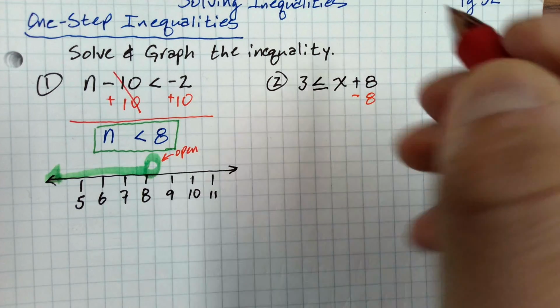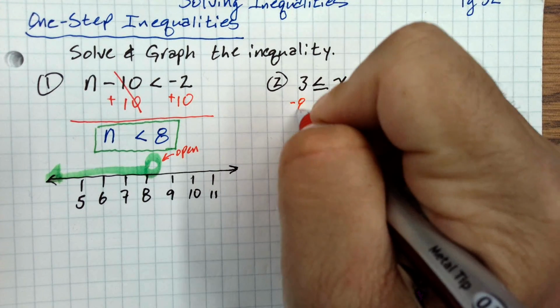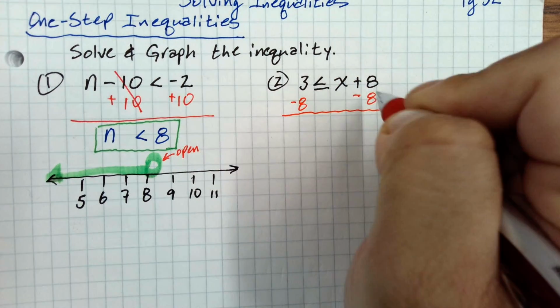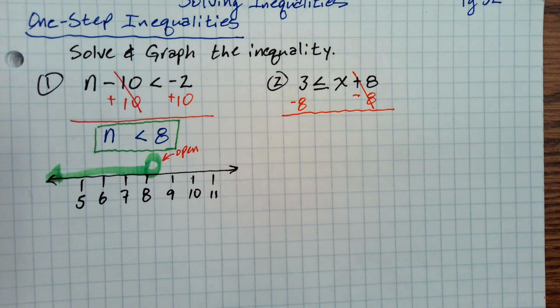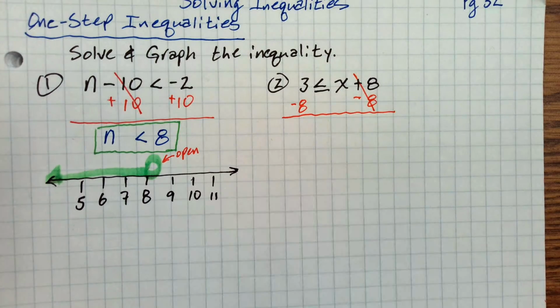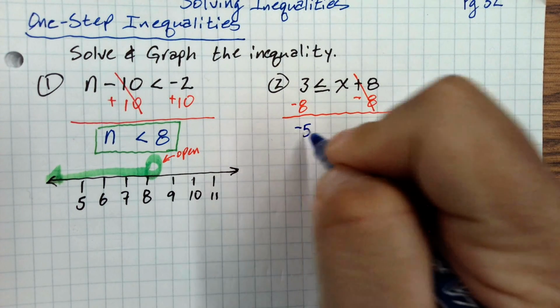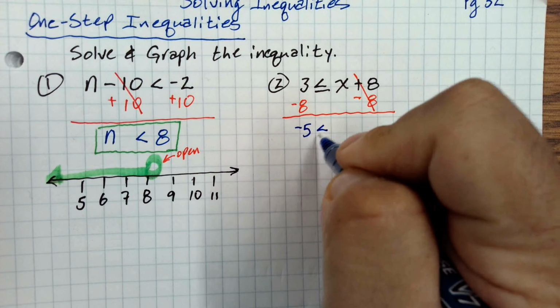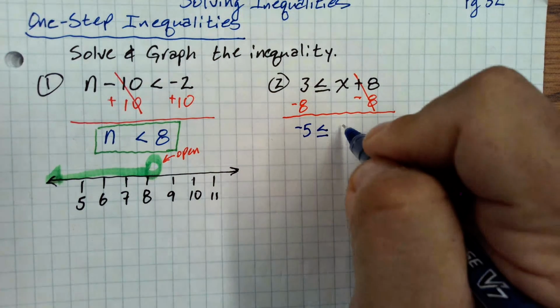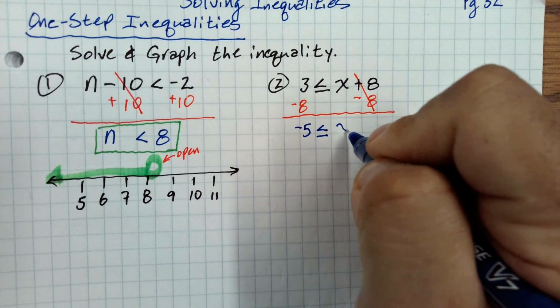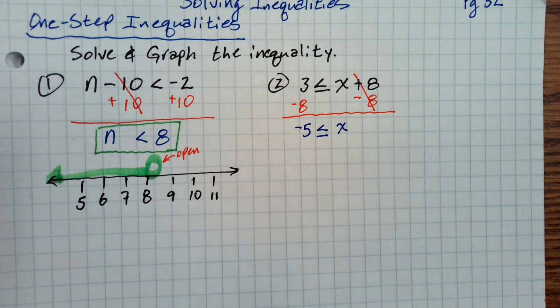And that's not the tricky part, because we've done that before. Okay? We have to figure out what 3 and negative 8 make. Negative 5. We'll bring down the inequality symbol, less than or equal to x. So we get an answer. Negative 5 is less than or equal to x.